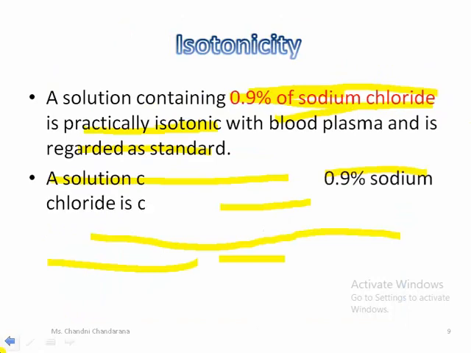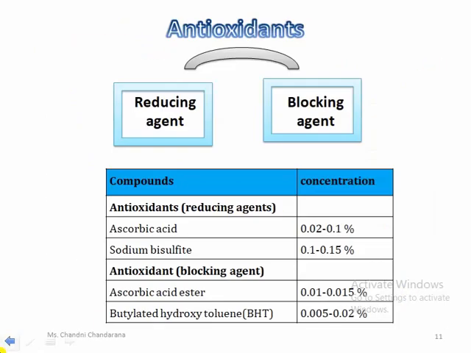Now the next is antioxidants. Why do we require antioxidants? Antioxidants are used to protect a therapeutic agent susceptible to oxidation. Particularly we have two types of antioxidants.